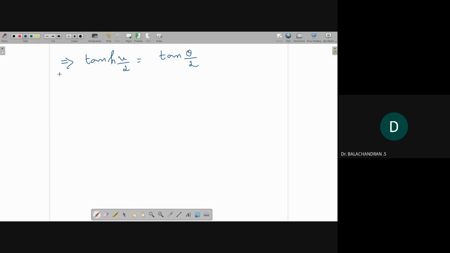Converse part. So for the converse part you should assume, or you can write, given tan h of U by 2 equal to tan theta by 2.